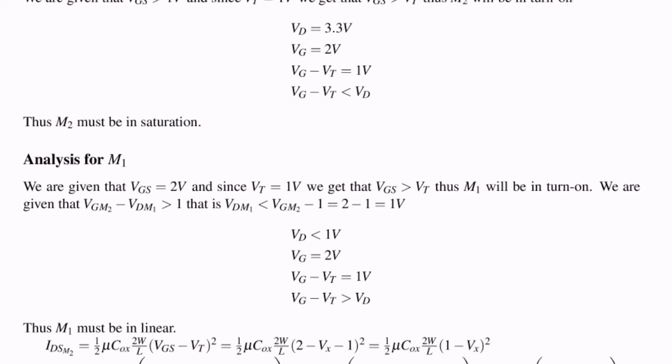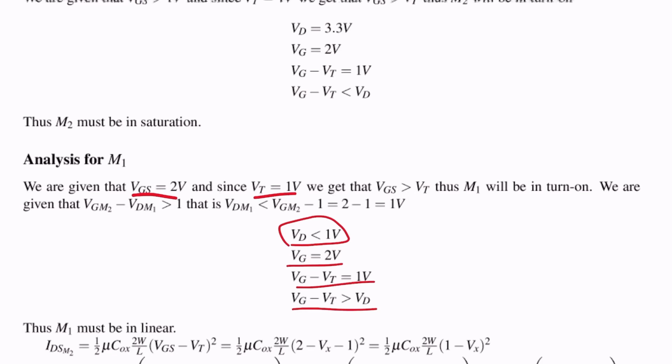And for M1, we again have VGS equal to 2 volts, so it's turned on, right, because it's greater than VT of 1 volt. So VD is less than 1 volt, right? VG is equal to 2 volt, VG minus VT is 1 volt, so VG minus VT is greater than VD.